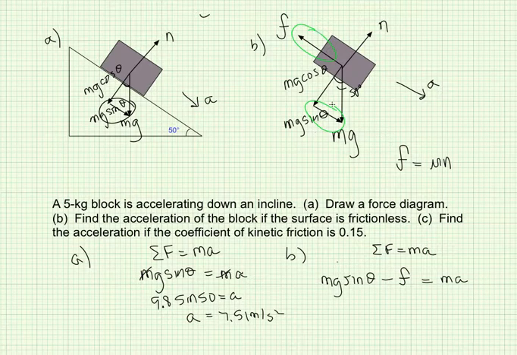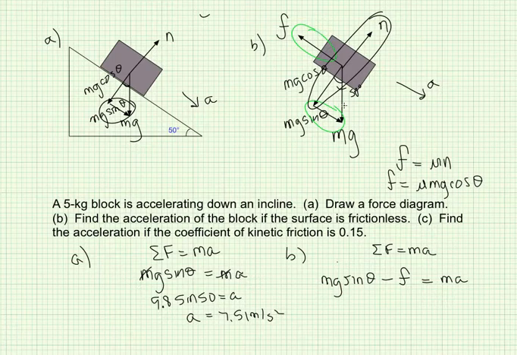So instead of looking parallel with the acceleration, I'm now going to look at what's going on in this direction. So I'm looking at these two forces. And I know that the normal is going to be equal and opposite to mg cosine theta. So I could come in here and just say friction equals mu times mg cosine theta.